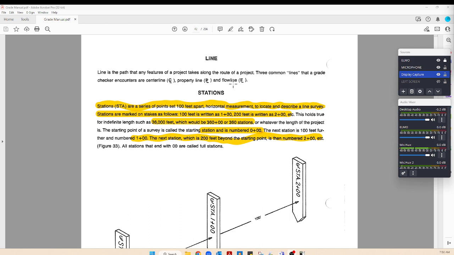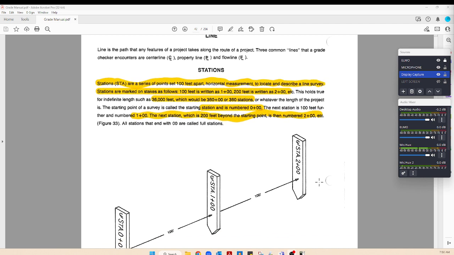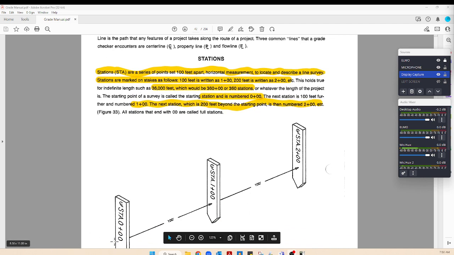Stations are a series of points set 100 feet apart, horizontal measurement, to locate and describe a line survey, like down the center of a road, starting at 0 and then going down at 100 feet.